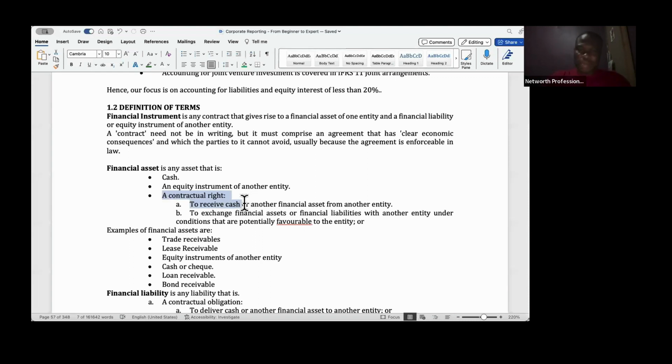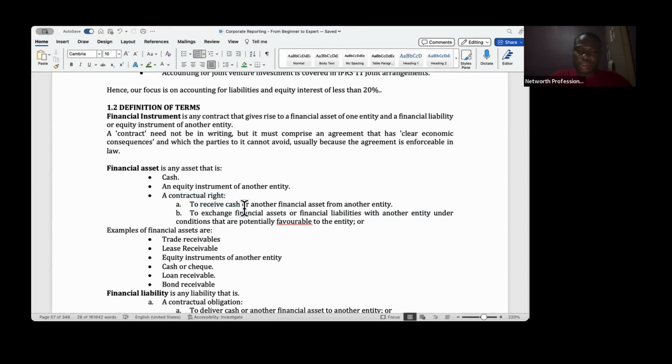Now, there are these other parts of this definition. At this level, I will not ask you to start defining anything. These other parts are beyond our scope here, so I won't really be going so much into it. A financial instrument is wide, but we have a very restricted scope for your ICAN exam.